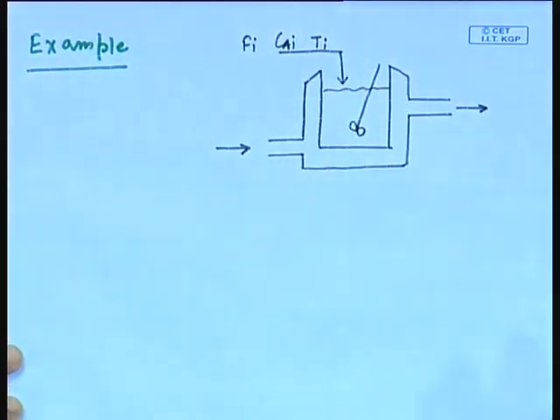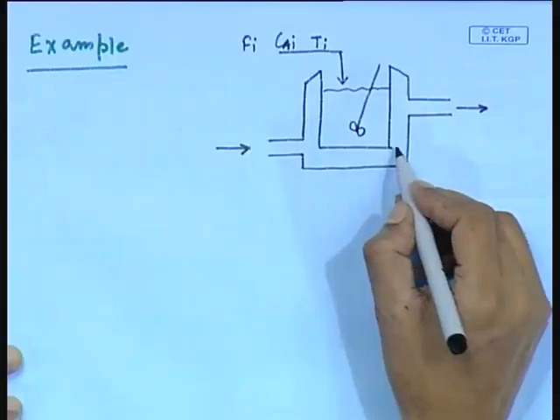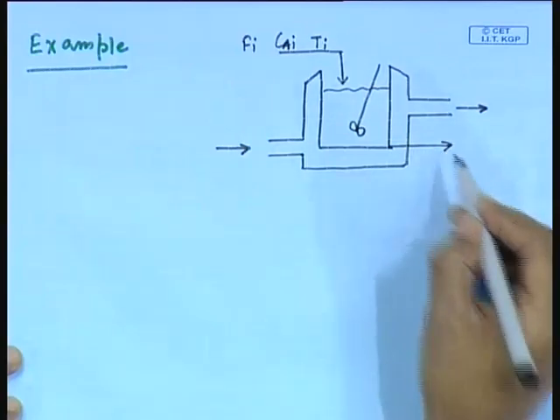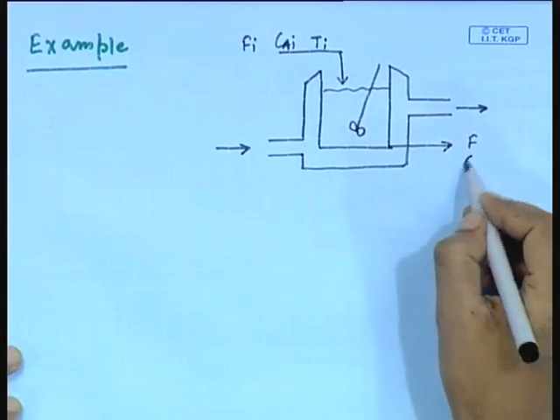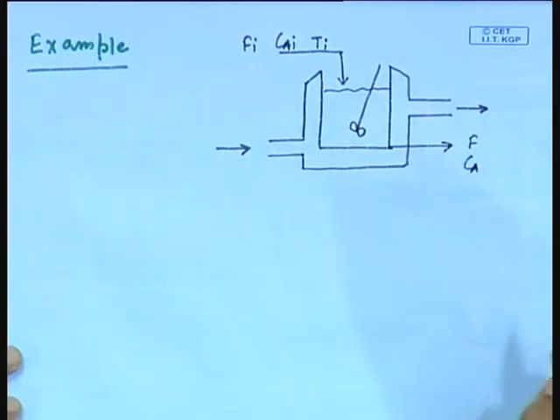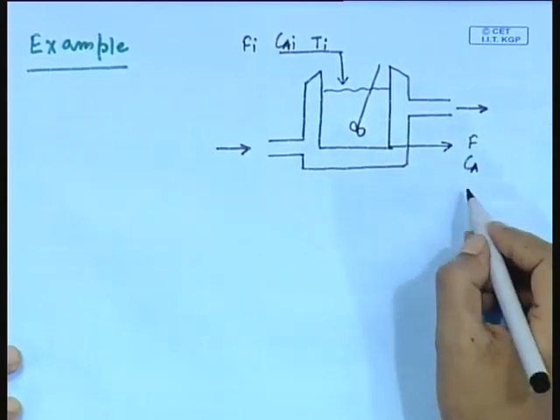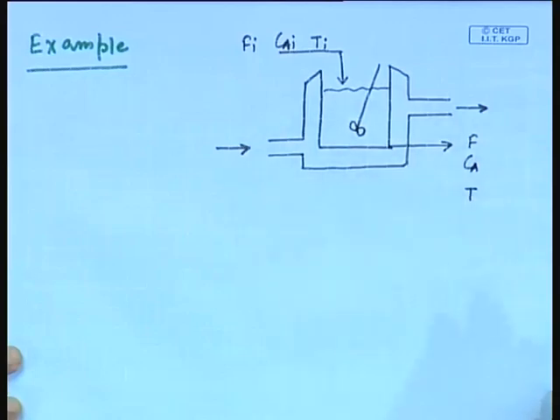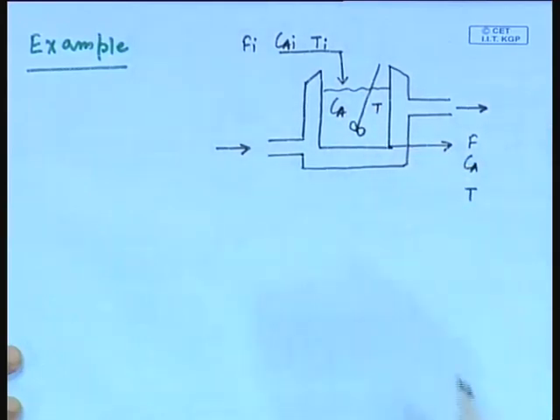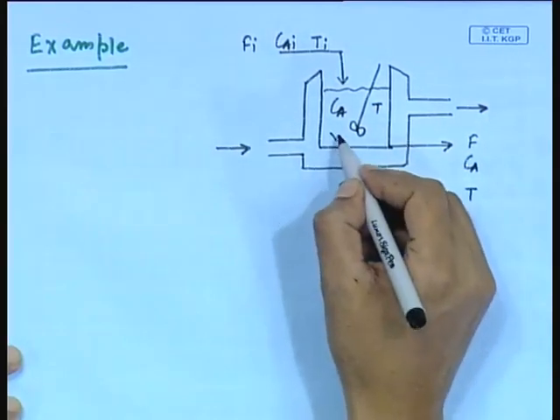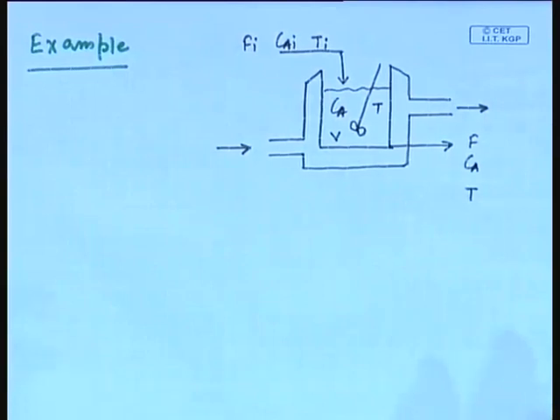Suffix i indicates input. Fine. And the product is coming out with a flow rate of F, concentration of component A, that is CA, and temperature T. The volume of the reacting mixture is suppose V.